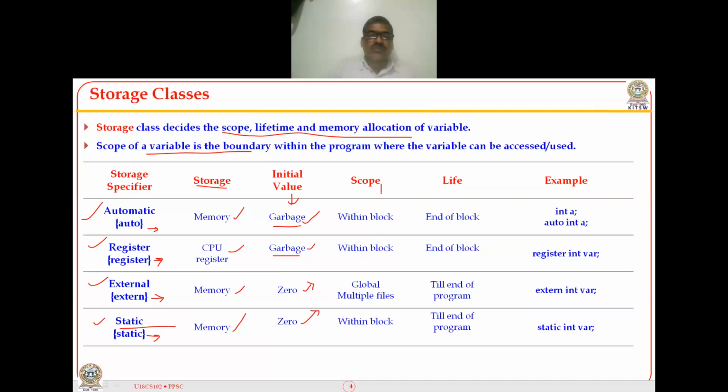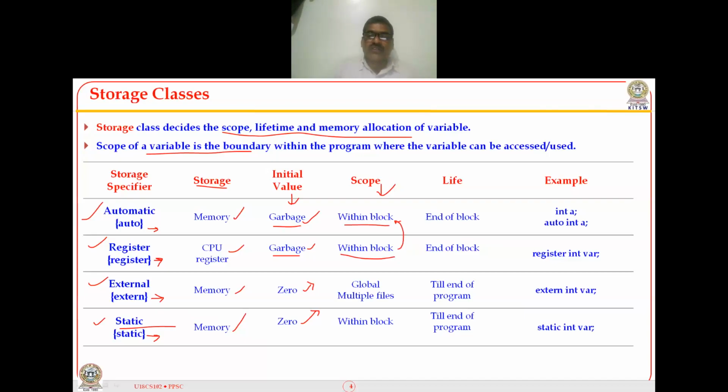Next, coming to the scope. Scope is the boundary within the program where that variable is accessible. The automatic variables are accessible within the block where we declared them. Similarly, register storage class variables are also accessible within the block where we declared them, so they have local scope.